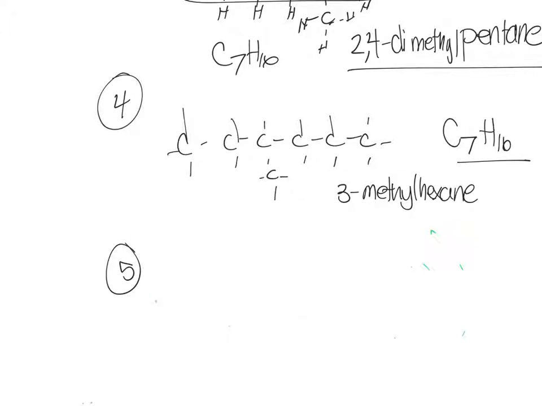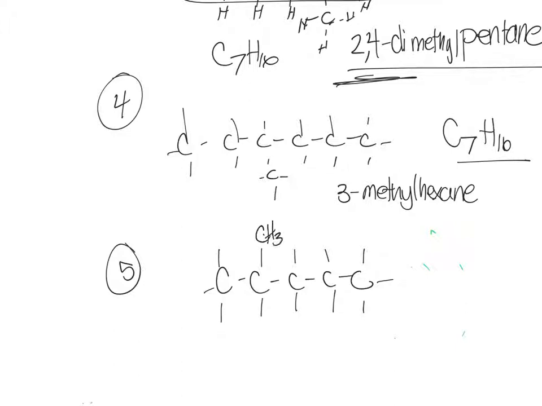So let's draw a pentane and move the methyl groups around on it. So we did have 2,4 up here, so let's move the methyl groups, let's move one here and here. So this one would be called 2,2-dimethylpentane.